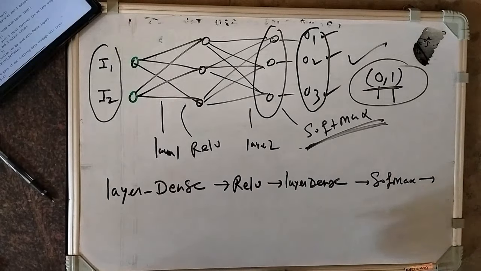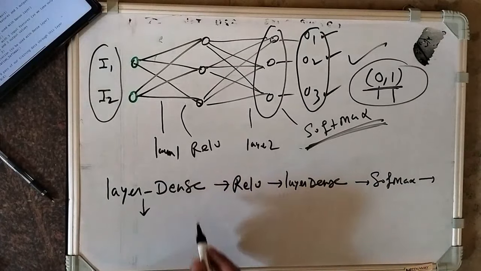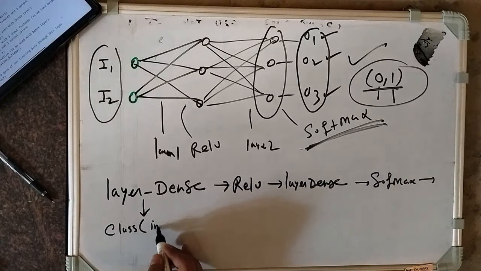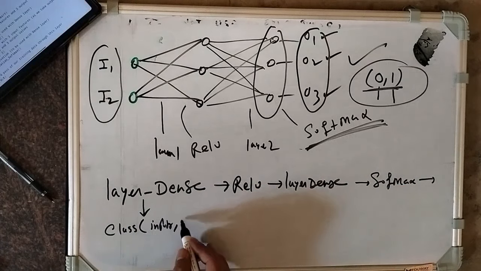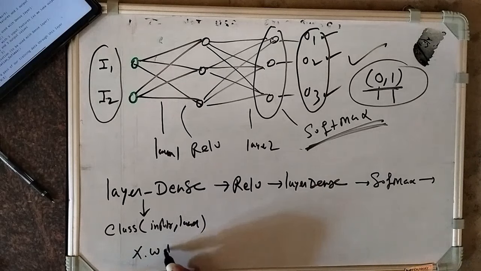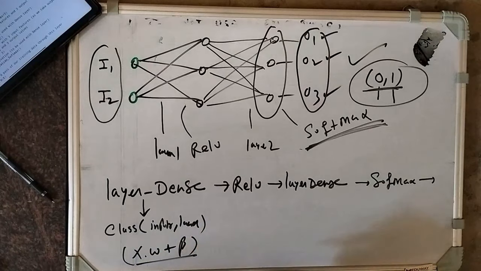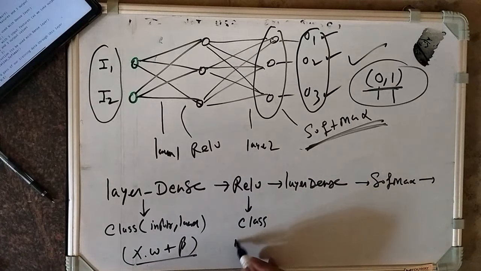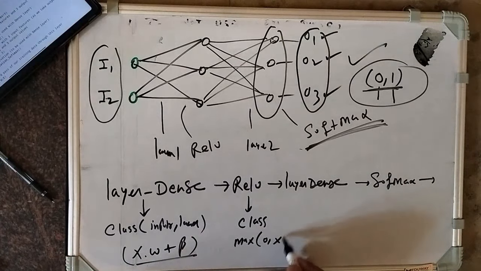Here in layer dense we are using a class with inputs and layer, and the meaning is x comma w plus beta. Next, in ReLU we are using another class, which takes the max of 0 and x.